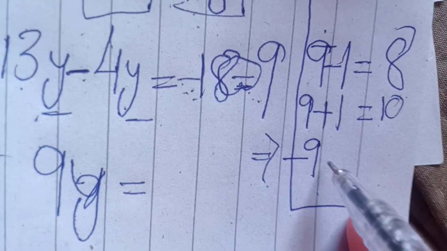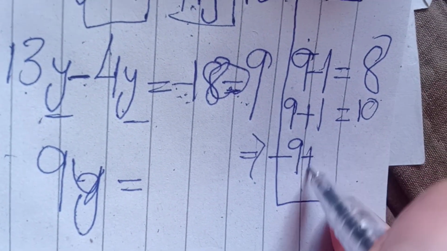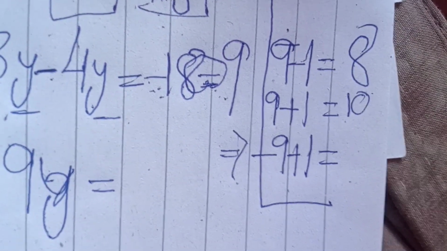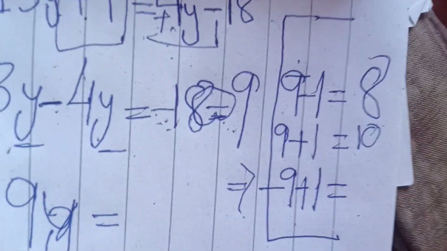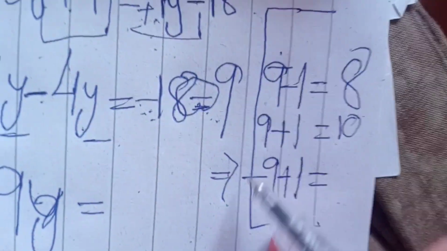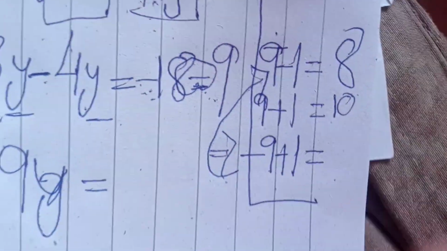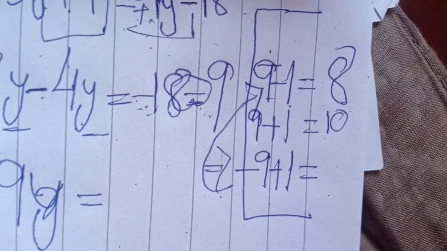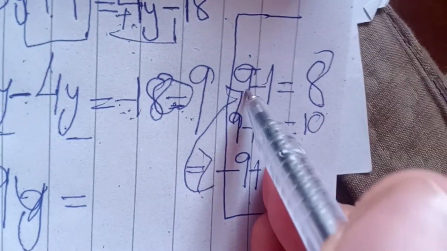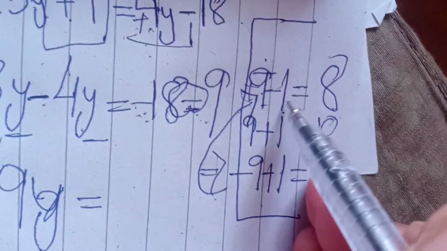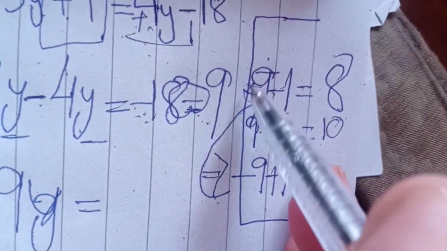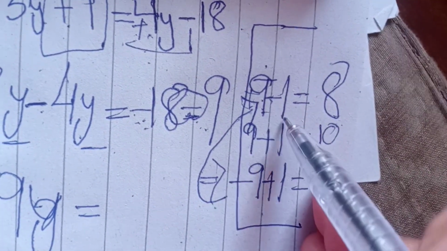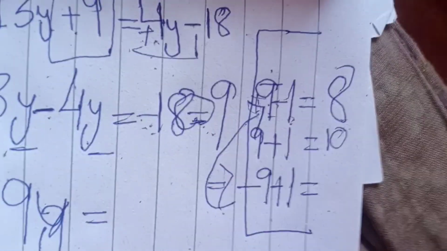Minus 9 plus 1. What will the answer be? If you don't know, just move to this. 9 minus 1, the answer was 8. Why? Because one digit has a plus sign and one digit has a minus sign, so we subtracted the lower number from the larger number.